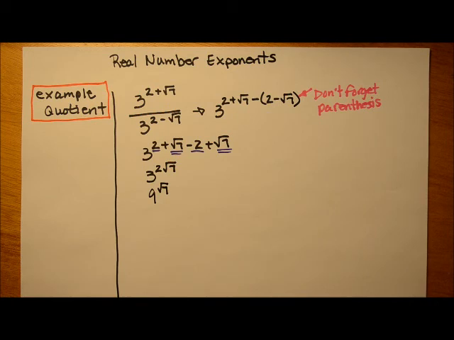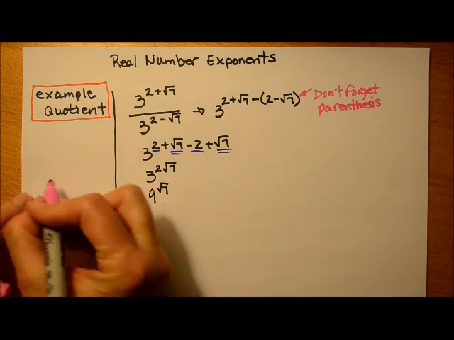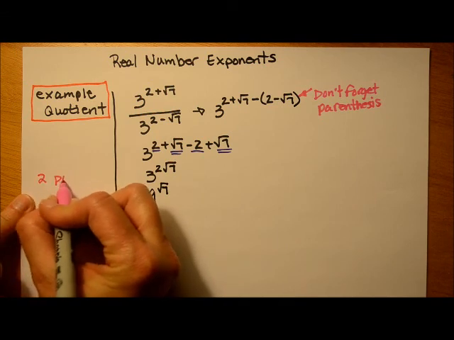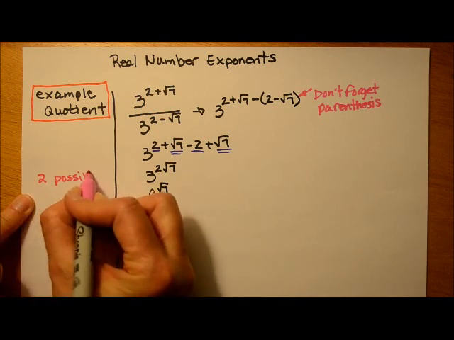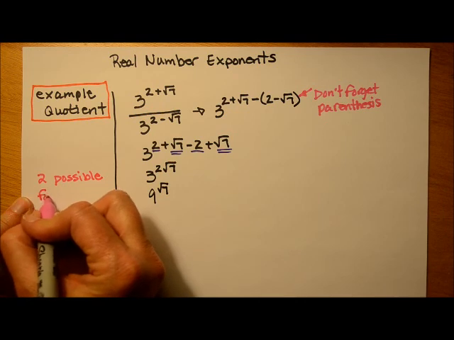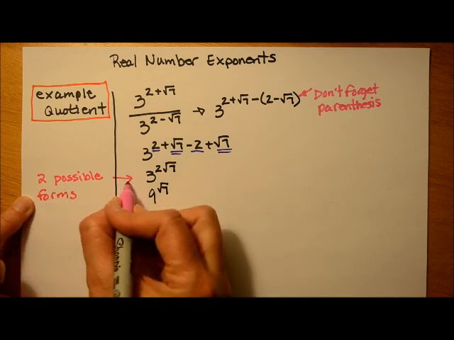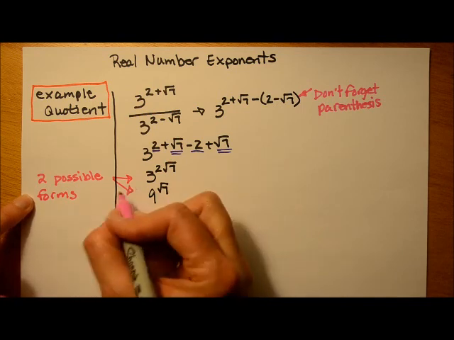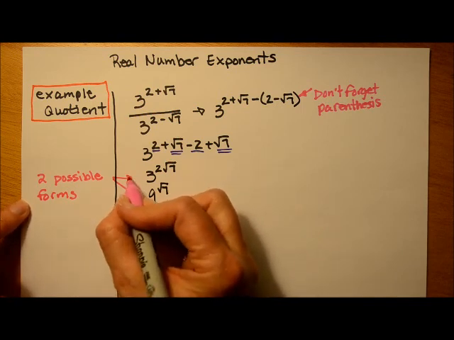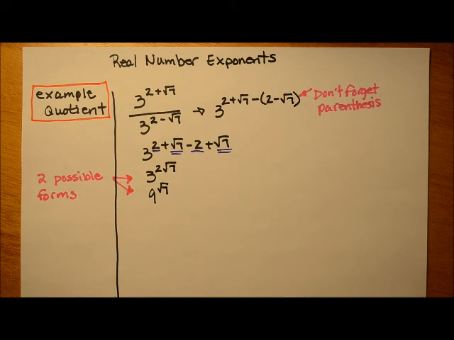So there's two possible forms here. Not answers, but just two possible forms. Okay, not sure. And I think this book kind of goes back and forth with them. I'm not really sure. So there you go.